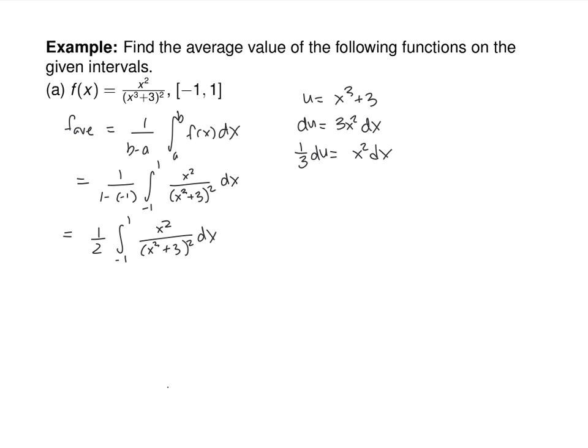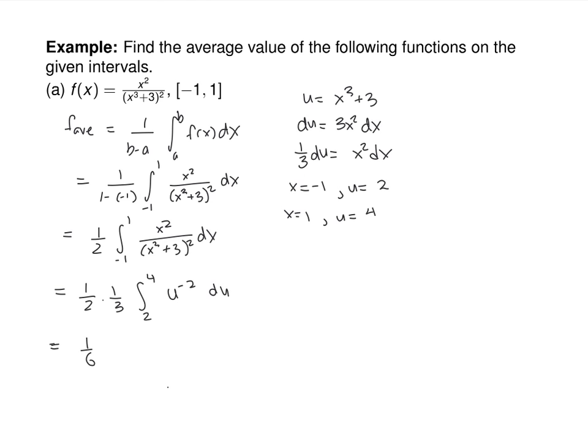And then let's change our bounds. If x is negative 1, u will equal negative 1 plus 3 or 2. And if x equals 1, u is equal to 4. So this becomes 1/2 times 1/3 integral from 2 to 4, and I think that's just u to the negative second du. So we have 1/6.